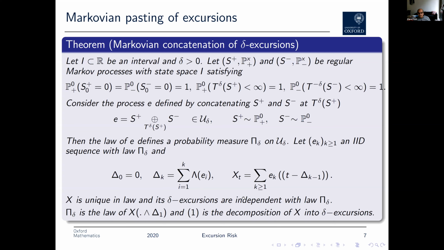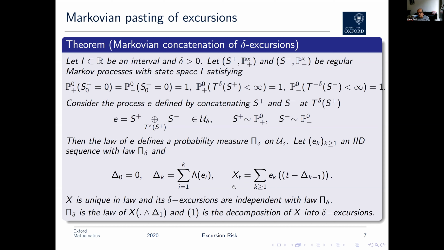And I claim that this construction, so the existence is shown here. It shows you how to construct it. And I claim that this process is unique in law because this construction completely defines the law of X. If I now take X and decompose it into delta excursions, I get exactly the E_K because of the uniqueness of the decomposition in delta excursions.